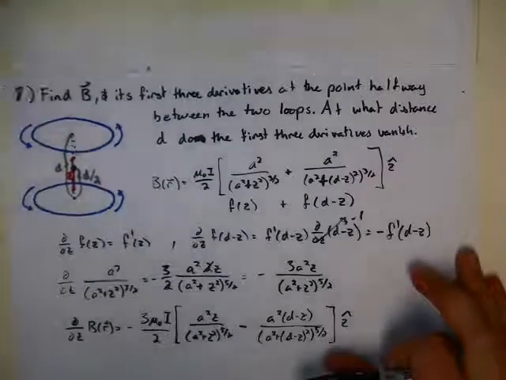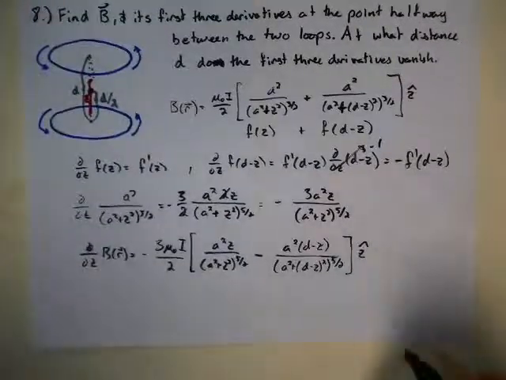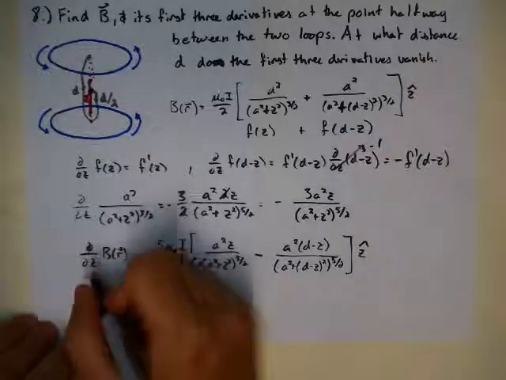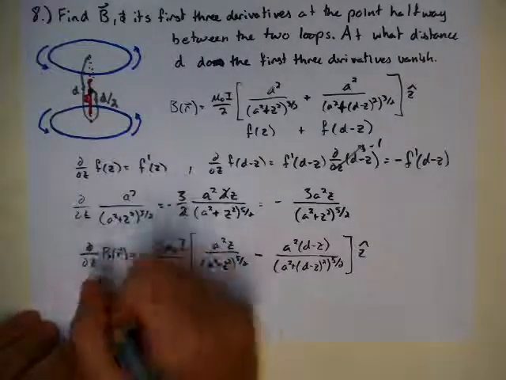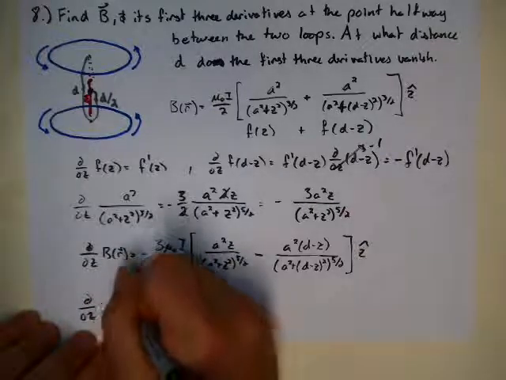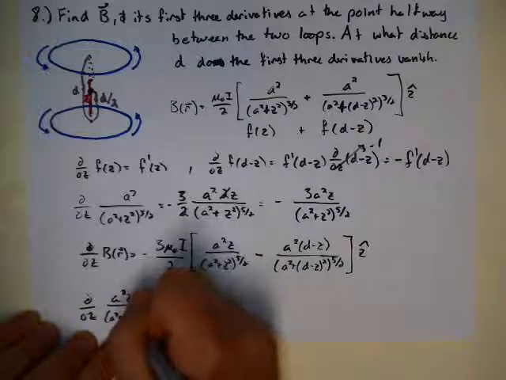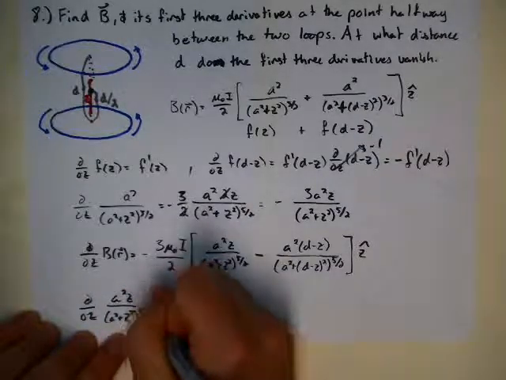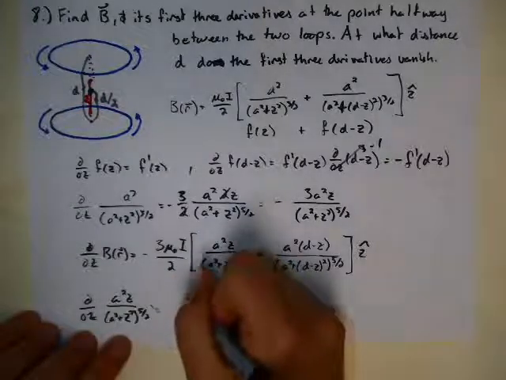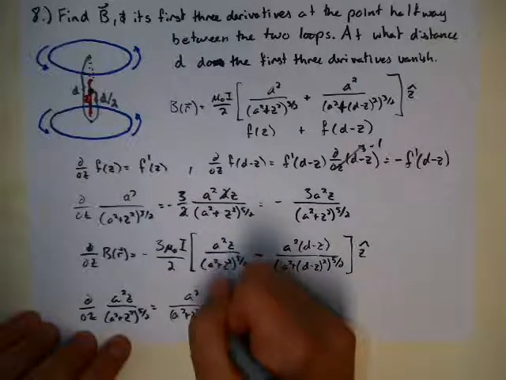Now we just keep moving on with this problem. Just keep going down and chugging through the second derivative. So the derivative now of a squared z over a squared plus z squared to the 5 halves is going to be, if it hits the top, simply a squared over a squared plus z squared to the 5 halves.